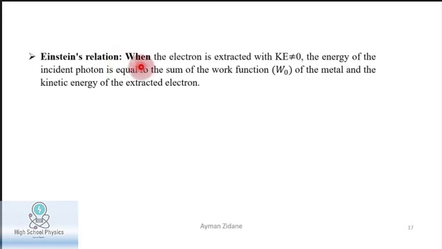So when the electron is extracted with kinetic energy different from 0, the energy of the incident photon is equal to the sum of the work function W0 of the metal and the kinetic energy of the extracted electrons. So E photon = W0 + maximum kinetic energy of the electron = hν0 + (1/2)m v max squared. Okay, this relation is called Einstein's relation of photoelectric effect.